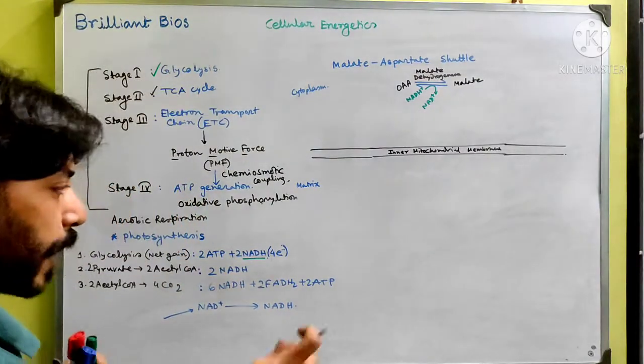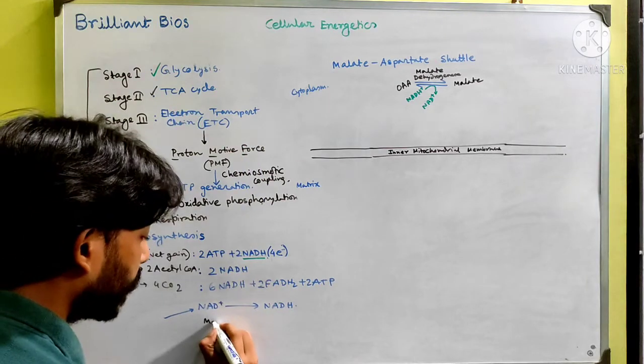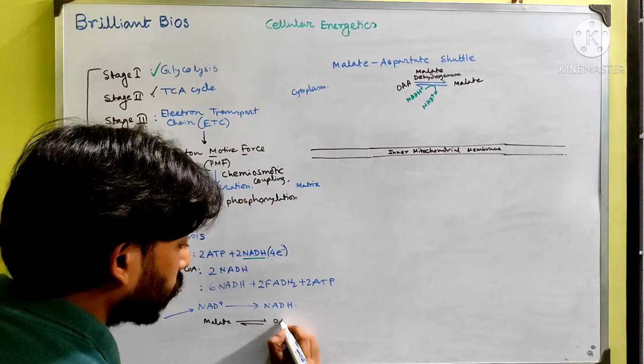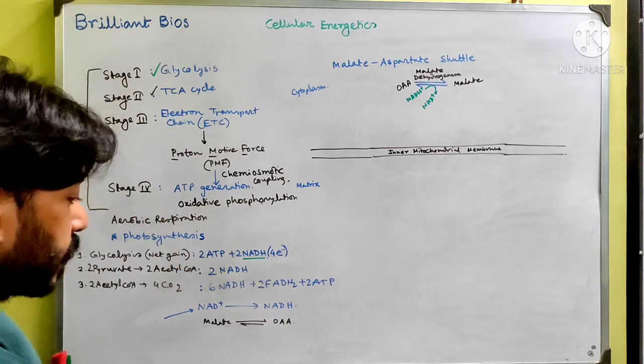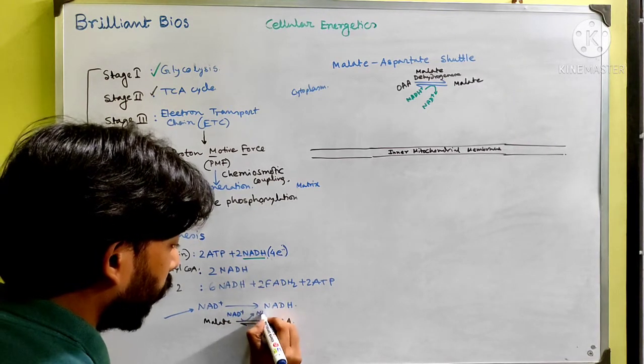Now in the mitochondrial matrix, I have mentioned during the TCA cycle that malate can be converted into oxaloacetic acid. But in the mitochondrial matrix, what happens? NAD plus is converted into NADH.